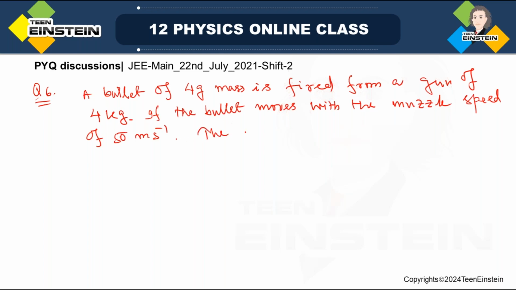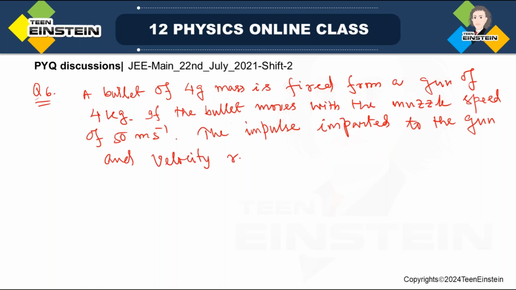The impulse imparted to the gun and the velocity of recoil of the gun. So there are four options.